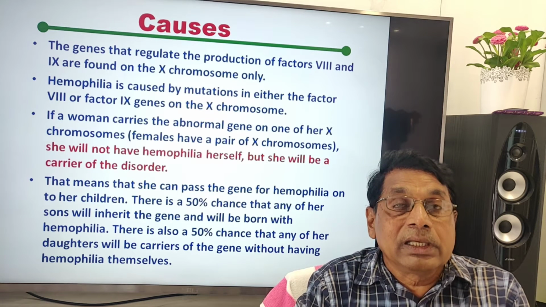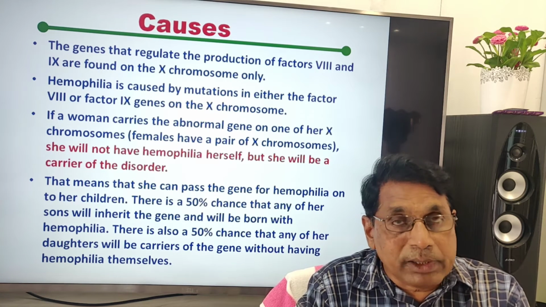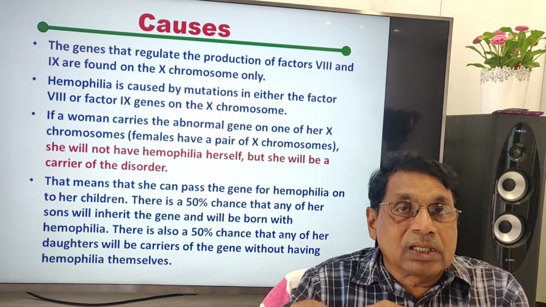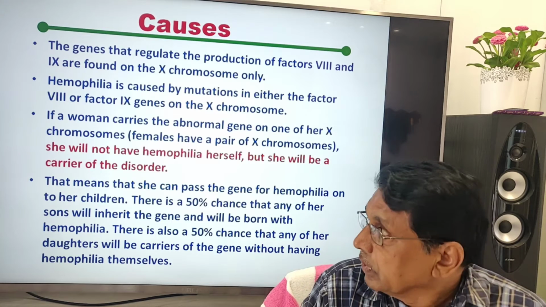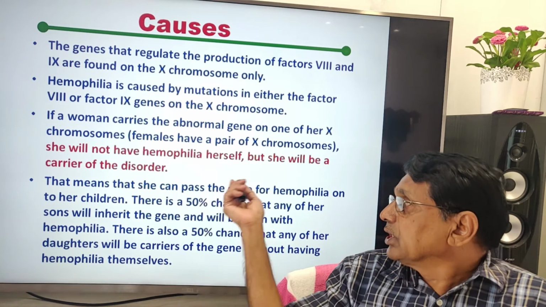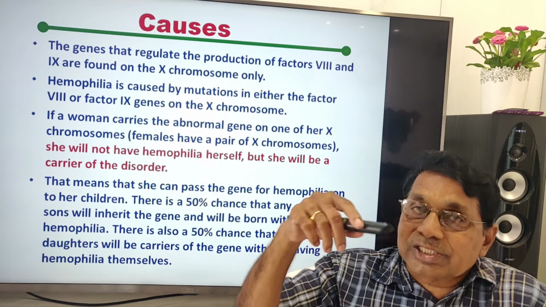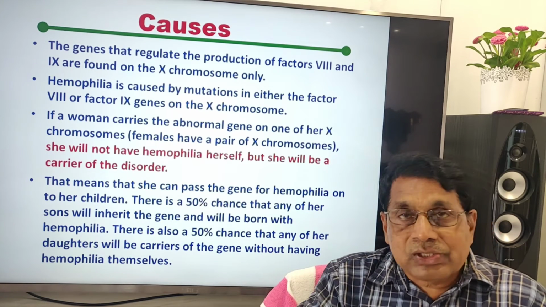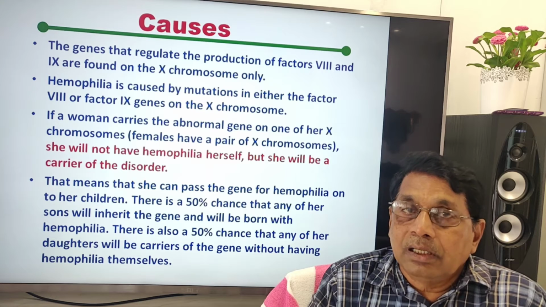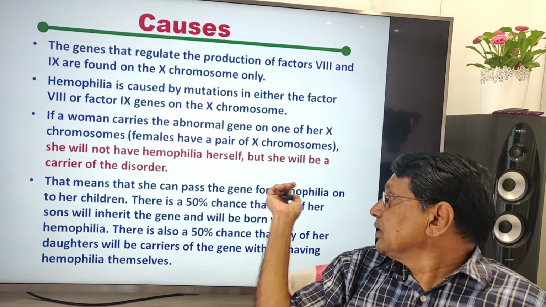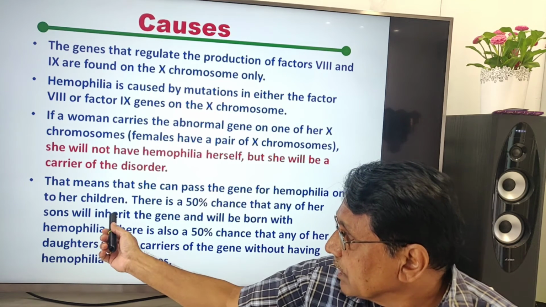She will be a carrier, normal and healthy, because there is a dominant gene on the other X chromosome. She can pass the gene for haemophilia to her children because she is a carrier, though she appears phenotypically normal.